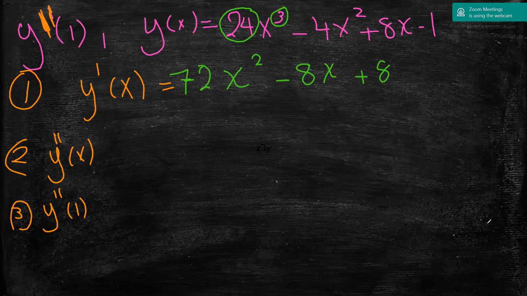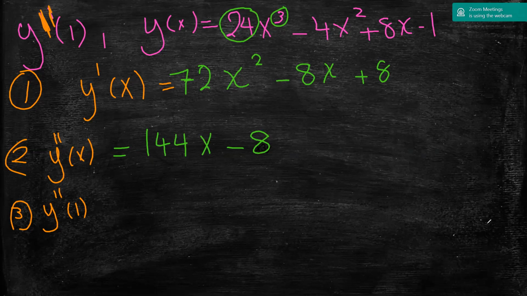Now let's find y double prime. I have to find the derivative another time. It is 72 times 2, which is 144x, minus 8, plus 0. We can stop here.